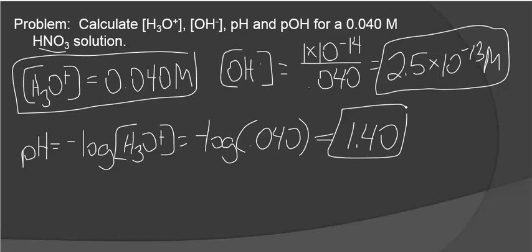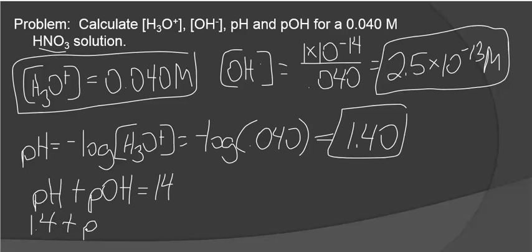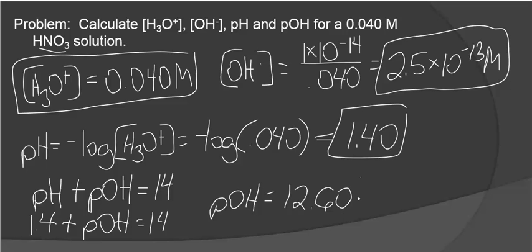And then finally, to get the pOH, I know the pH plus the pOH equals 14. So I have 1.4 plus pOH equals 14. So pOH, subtract, you get 12.60 is the pOH. So there are the 4 quantities for the nitric acid solution.